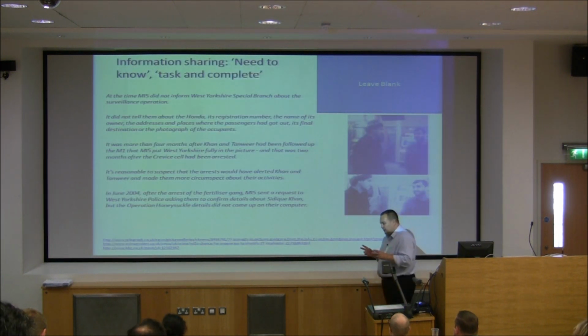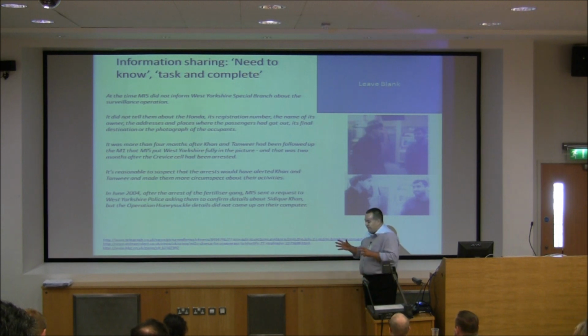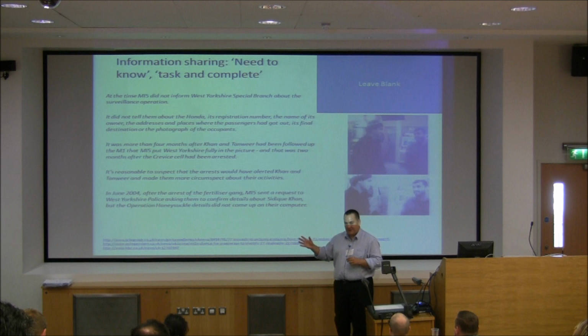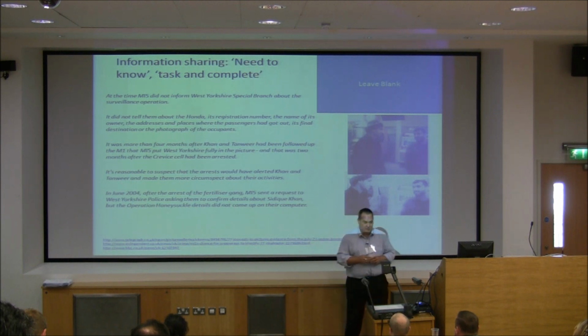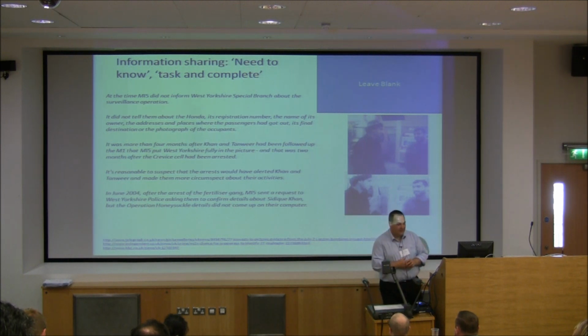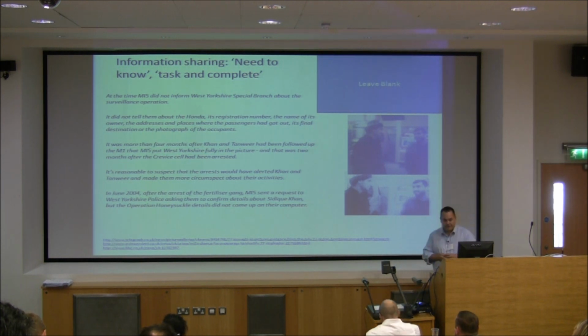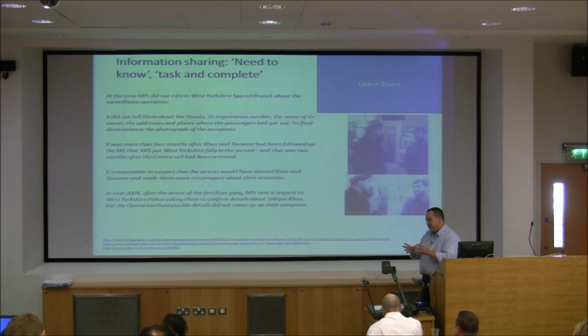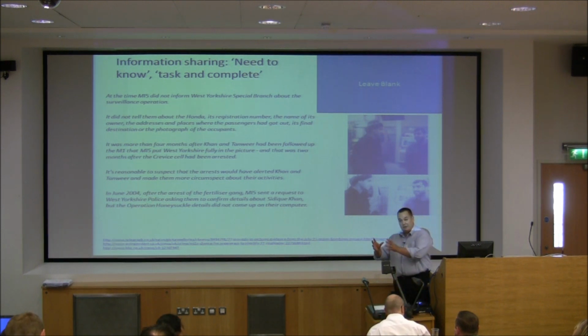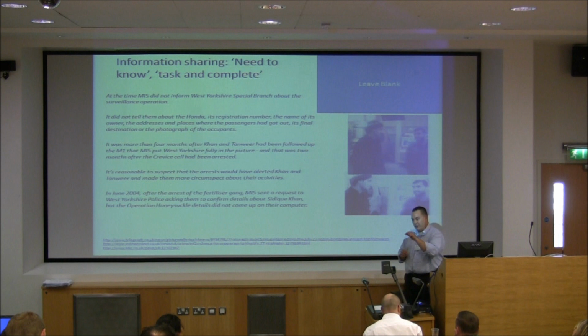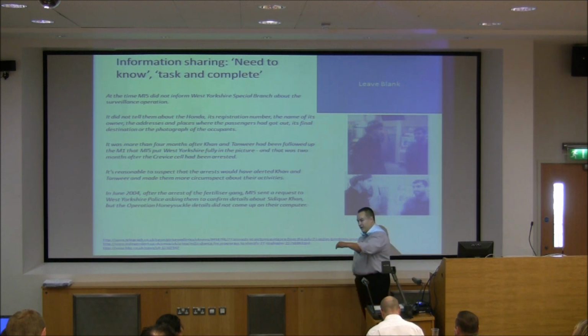Now, at the time, MI5, who were following the car from Crawley to Leeds, didn't tell West Yorkshire Police that they were following the car, because they don't always talk to each other, security forces, and didn't make an investigation of the vehicle that they were following because they were interested in following Khayyam and finding out what he was doing, not about the vehicle.